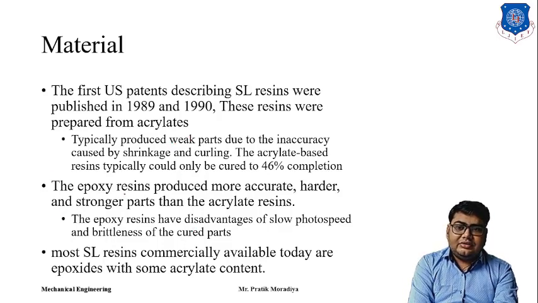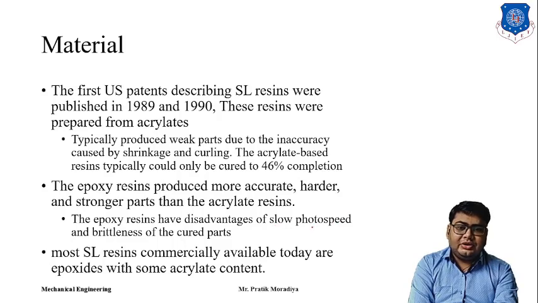Then epoxy resin was used because it is much harder and stronger than acrylate. But it has a disadvantage that it is brittle. When the part is cured, this epoxy resin turns brittle, and also its photo speed is very slow.